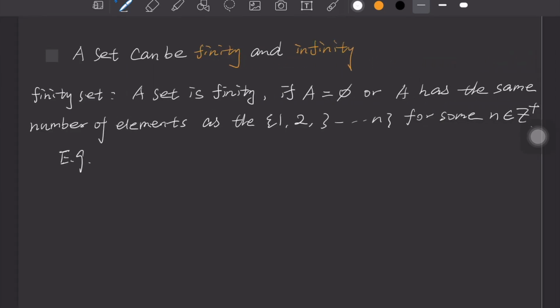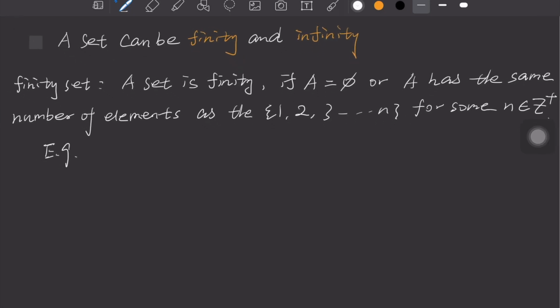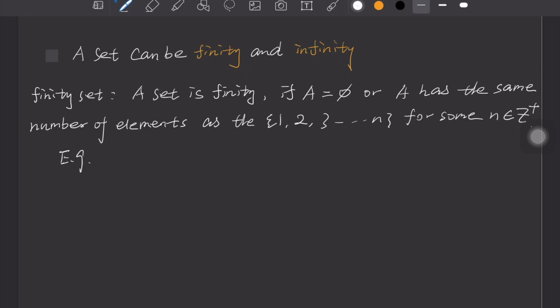But how do we know how many elements we can grab into our set? Actually, a set can be finite or infinite. A finite set is a set that is an empty set or a set that has the same number of elements as the set of the first n positive integers.